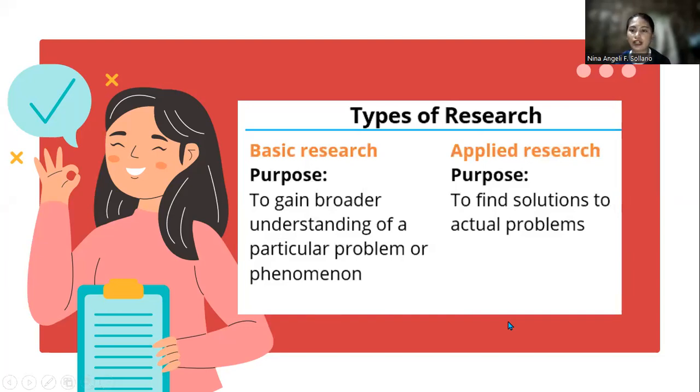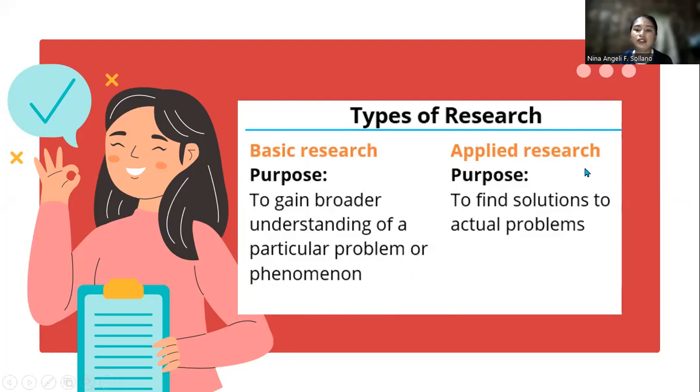So we have two types of research. First is basic and second is applied. For basic, its purpose is just to gain broader understanding. What is broad? It means to have a wide range of understanding, to understand deeper a particular problem or phenomenon.